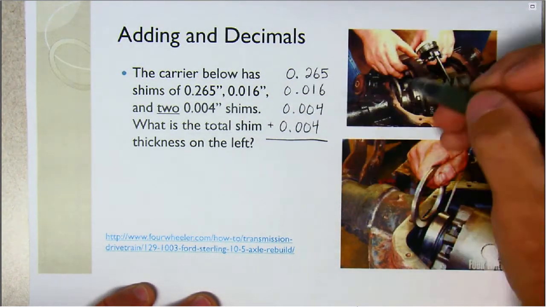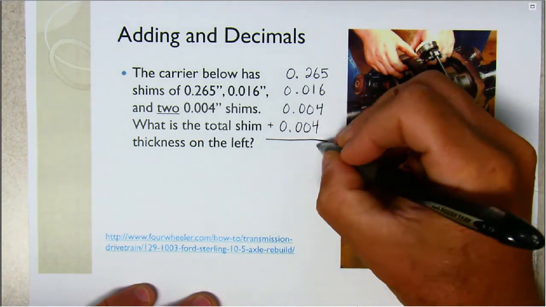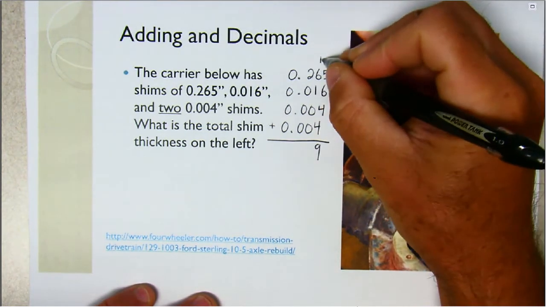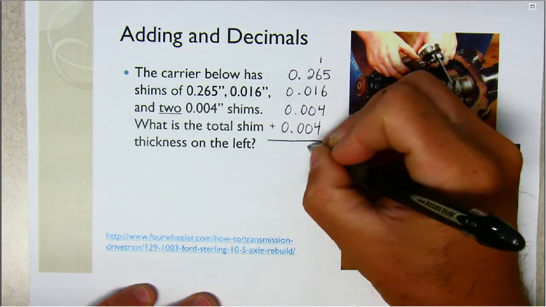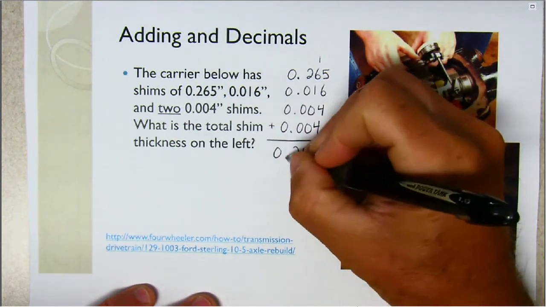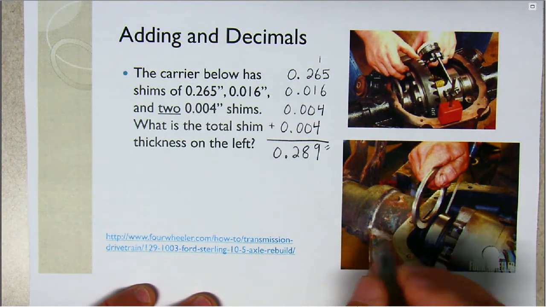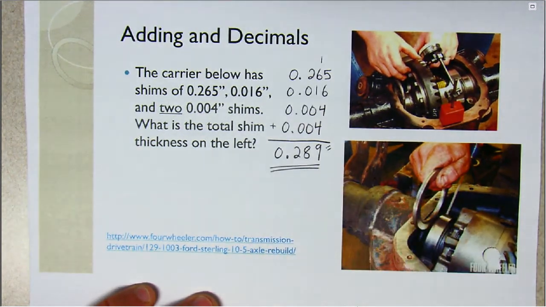Okay, our decimals all align, and we can add 5 plus 6 is 11, 15, 19, and we'll carry our 1. 1 and 6 is 7, 8. Our decimal follows straight down. The total thickness there is 0.289, or 289 thousandths.